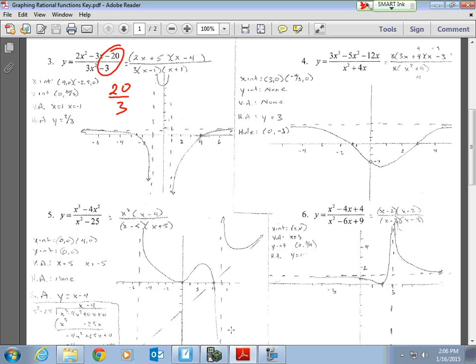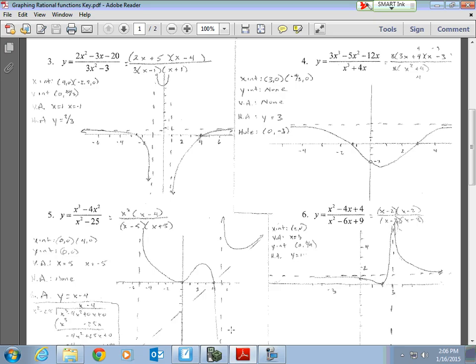Horizontal asymptote, if the degree of the top is the same as the degree of the bottom, then it's a ratio of the leading coefficients. So it's y equals 2 over 3. My leading coefficients are 2 and 3. Okay? Plot the points. So I plot all my vertical asymptotes, plot my horizontal asymptote, plot my x-intercepts, plot my y-intercept.